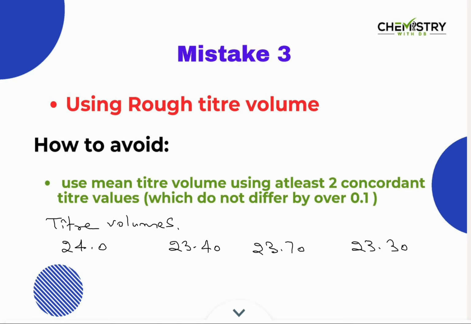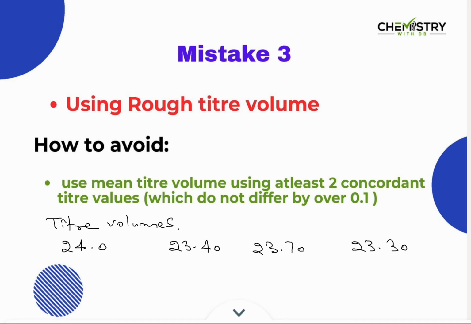The third mistake is that when you are given the experimental titre volumes, instead of using the two concordant titre volumes and the mean of those, students use the rough titre volume. Most of the time the first reading is going to be a rough titre.